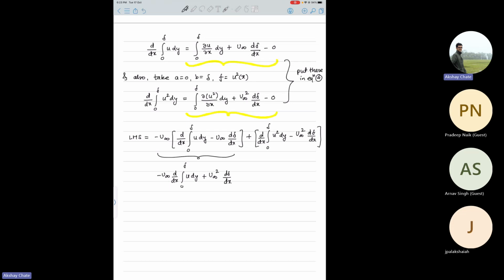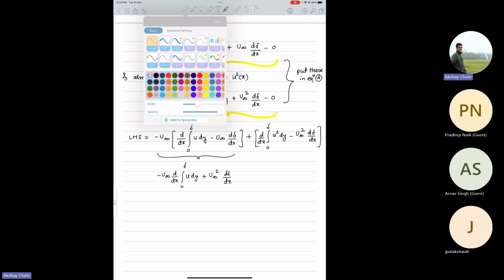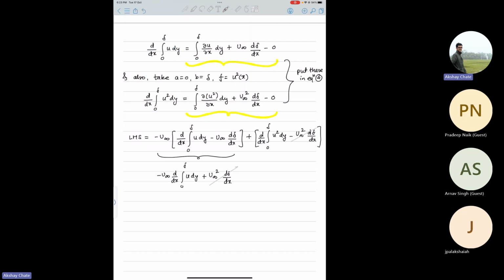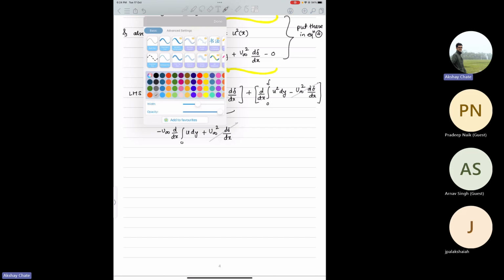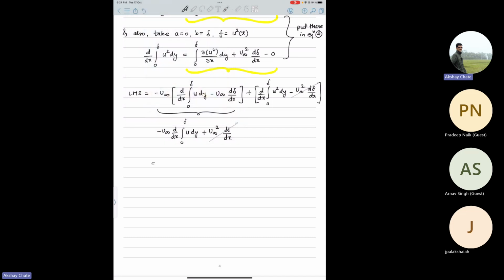And it gets cancelled. This term and this term cancel each other. So basically, you remain with minus u infinity, the first term, d by dx integral 0 to delta u dy. This is only the first term, and then from the second bracket you get d by dx integral 0 to delta u square dy.